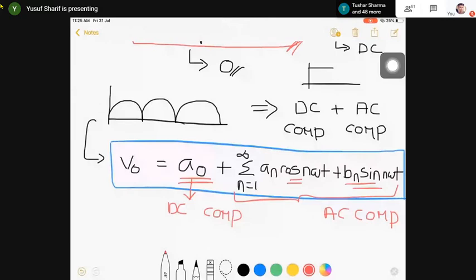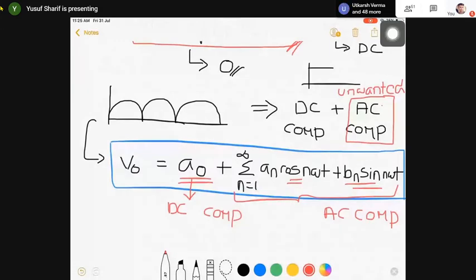This AC component is called as unwanted to me. Okay, और ये जो component है जो मुझे required नहीं है, इसको मैं और क्या नाम दे सकता हूँ? The name that I can give to this unwanted component is harmonics. Is that clear? This unwanted component I can call as harmonic.